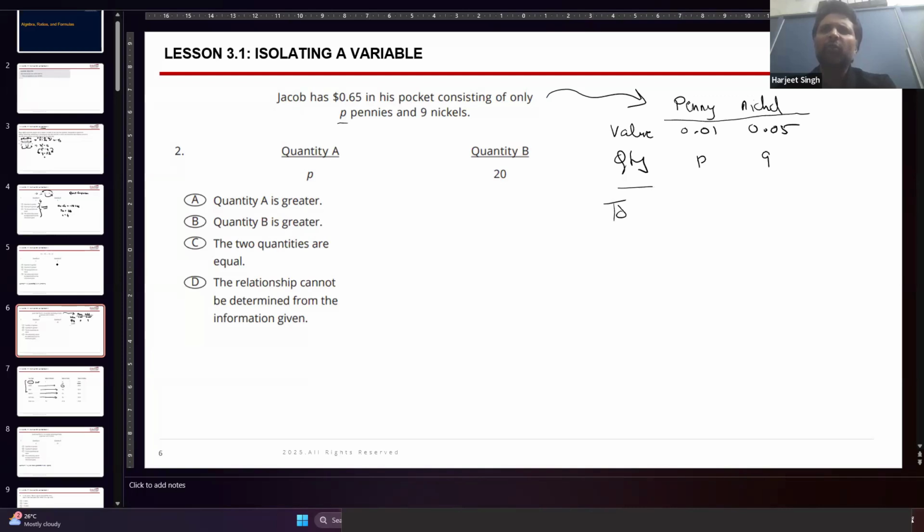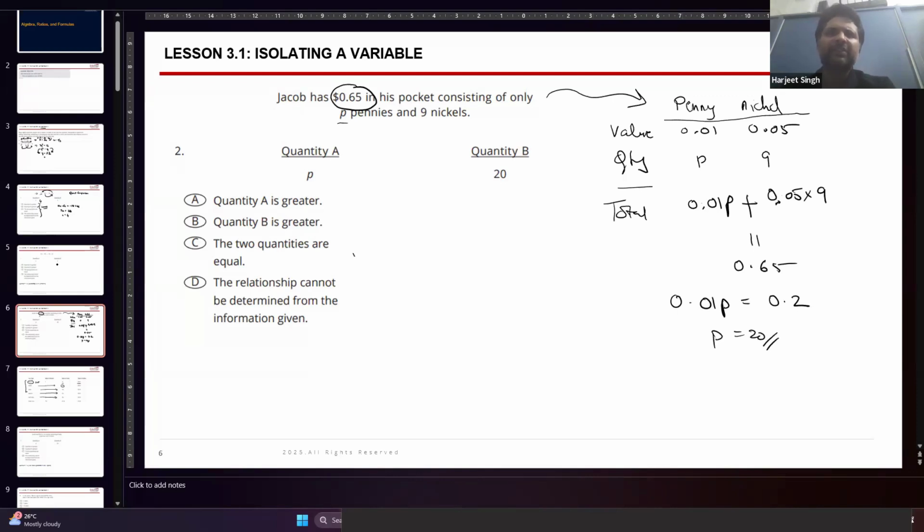Clearly, total for penny will be 0.01 p, and for nickel 0.05 into 9. It's given that he had 65 cents, so the addition of these two is equal to 0.65. So 0.01 p equals 0.2, so p is 20. So the answer is C.